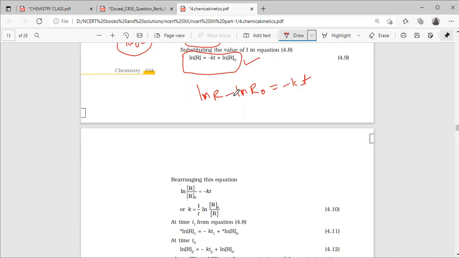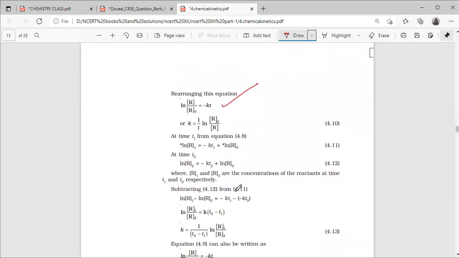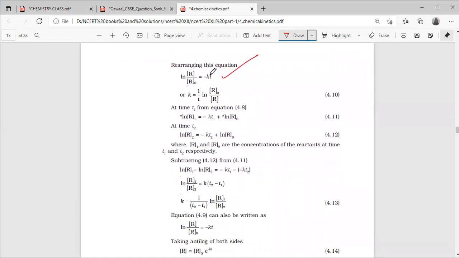Log A minus log B equals log A by B, so ln R by R naught. This step is clear. After that, if you want only k, then the t will come to this side, so k equals 1 by t ln R naught by R. This is also clear.